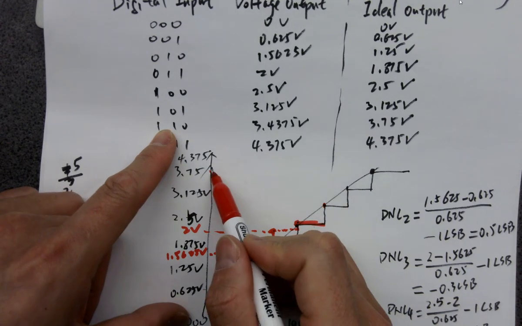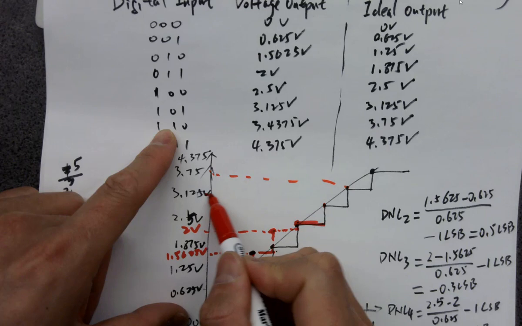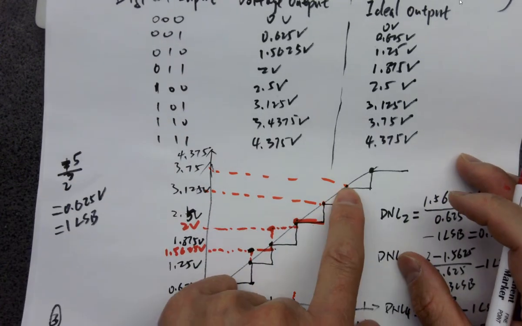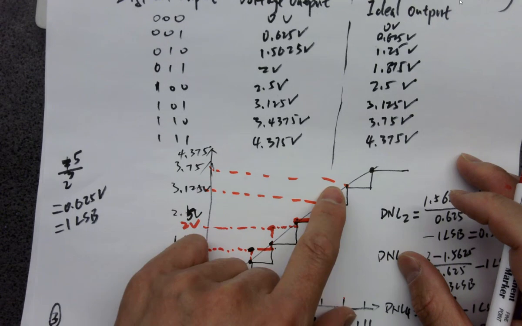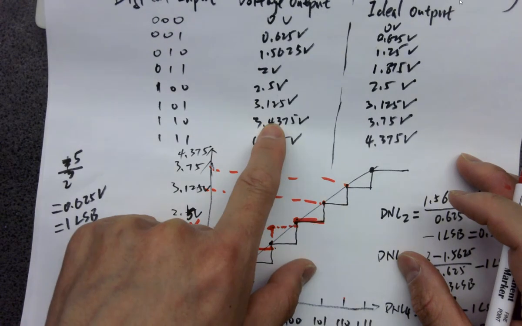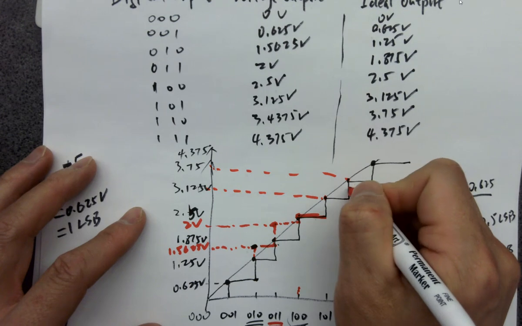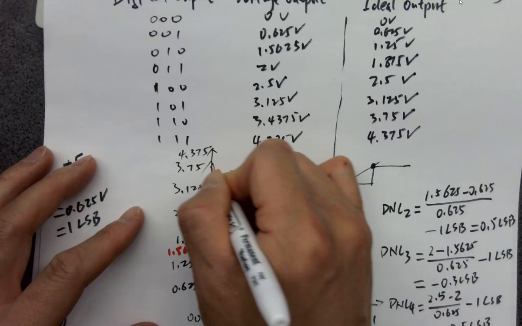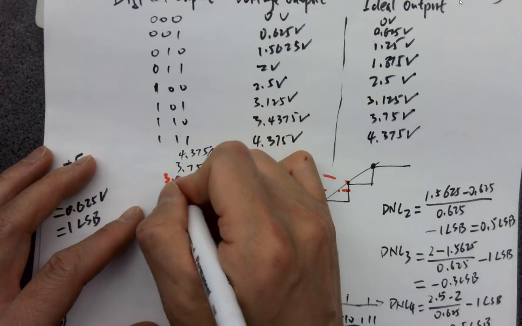Oh, like this, right? 0.125 is still accurate, but 0.75 is not accurate because it goes to 0.4375 instead of 0.75.